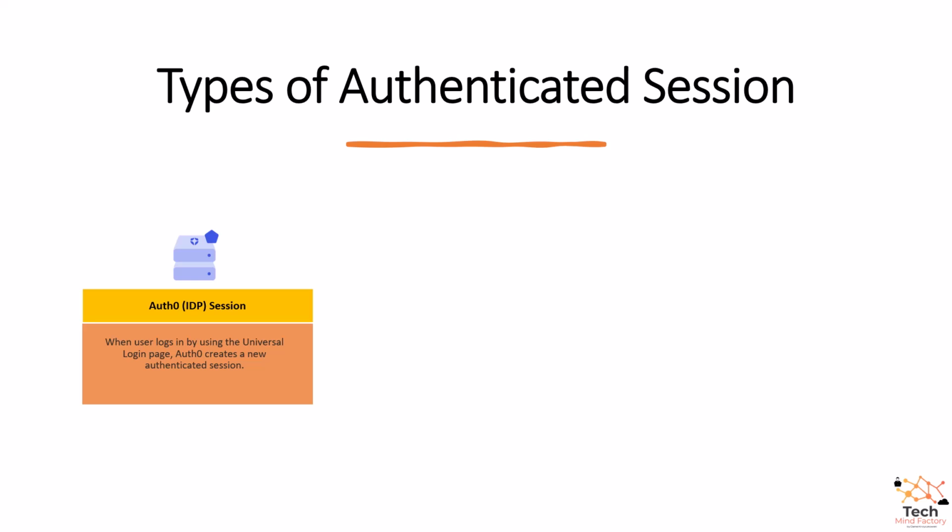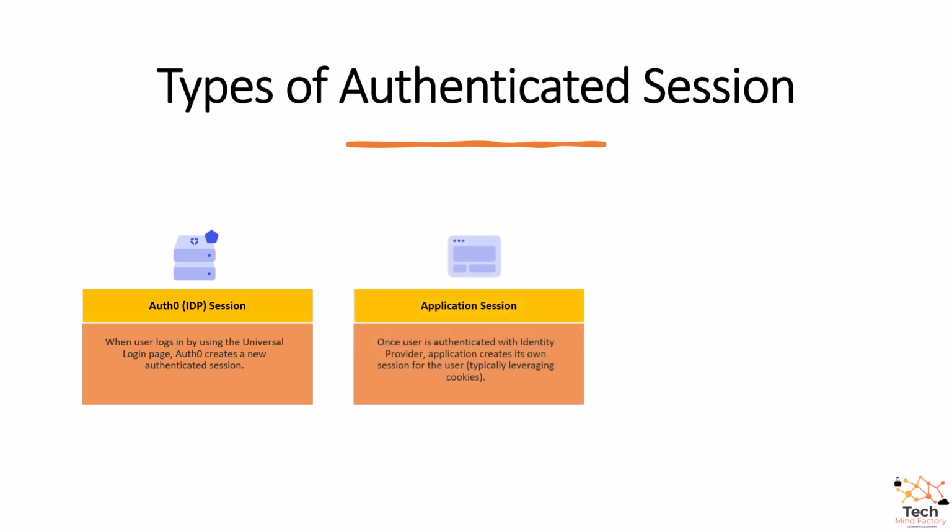So on the Auth0 side, the identity provider side, a session is created. But once the user is authenticated, an application session can also be created. Once the user is authenticated with the identity provider, in this case Auth0, the application creates its own session for the user, typically leveraging cookies in the browser.